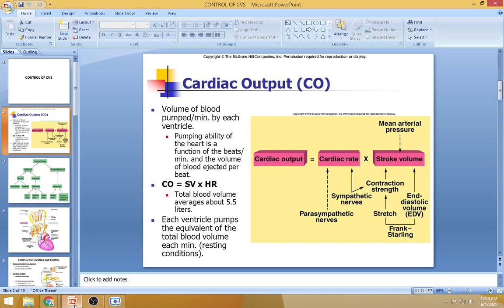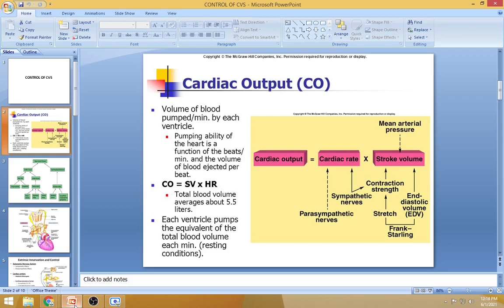With an increased force of contraction, there would be an increased volume that can be pumped out of the heart per beat, which we call the stroke volume. So the sympathetic drive controls not only the rate of the heart, but also the ability to pump, which is the stroke volume of the heart.